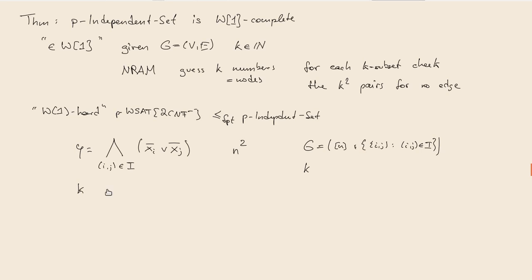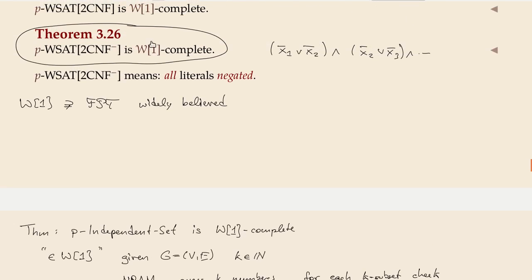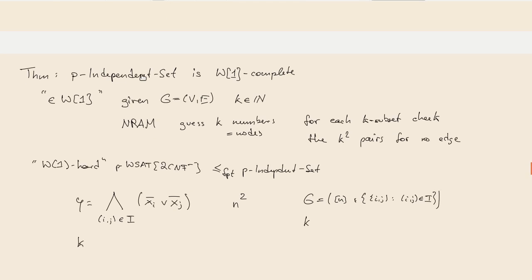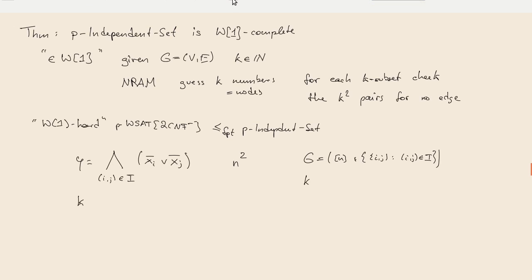You only have to take care of the parameter. What changes is that we have a different mother problem, but now we have at least one problem that we are more comfortable with, namely the independent set problem. So an easy second theorem is that also the p-Clique problem is W1-complete.